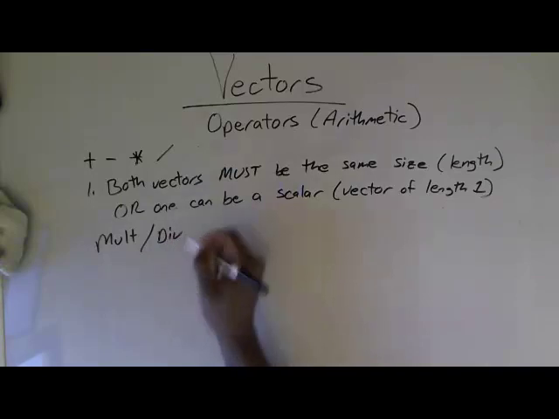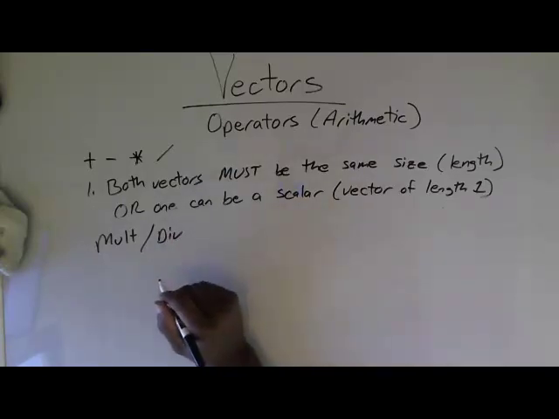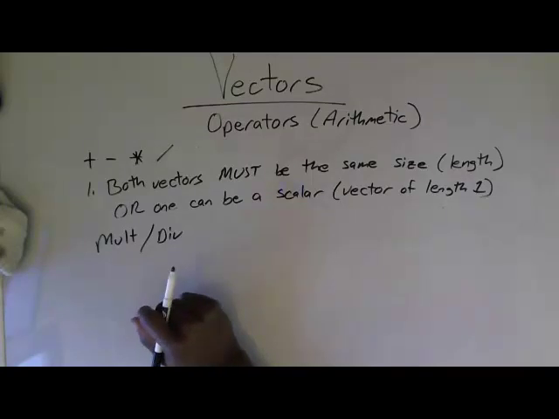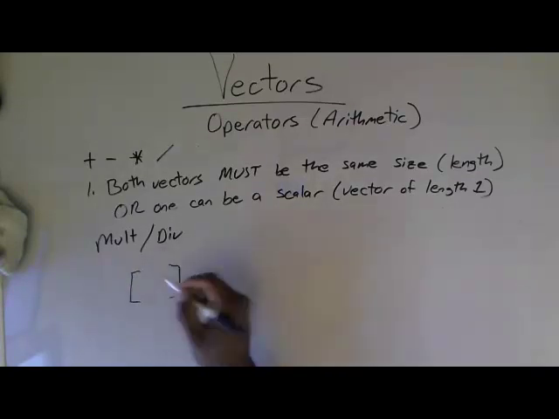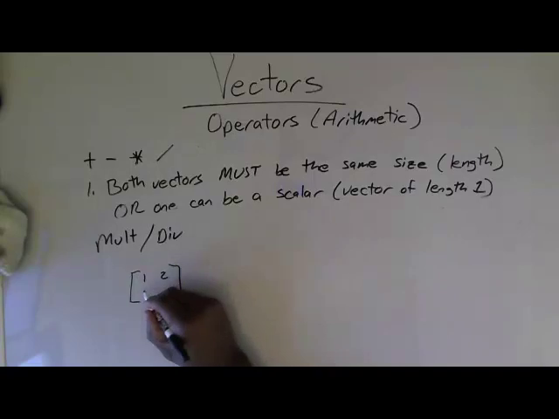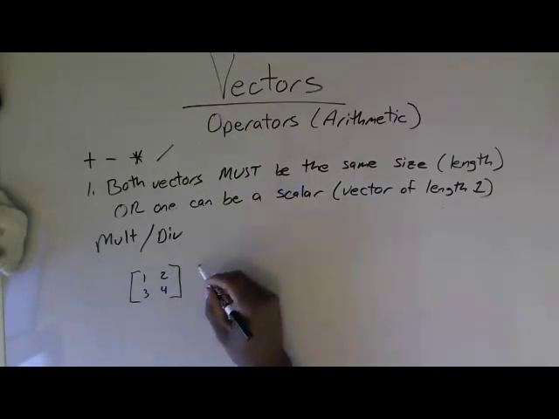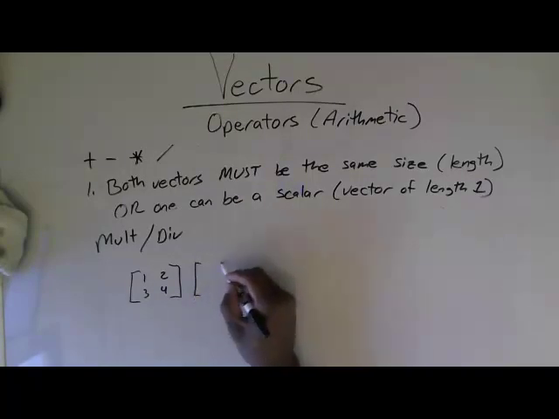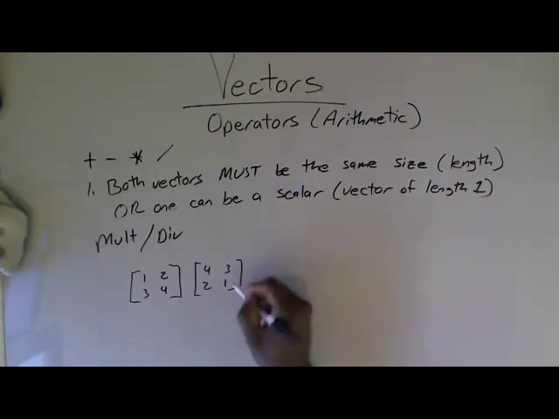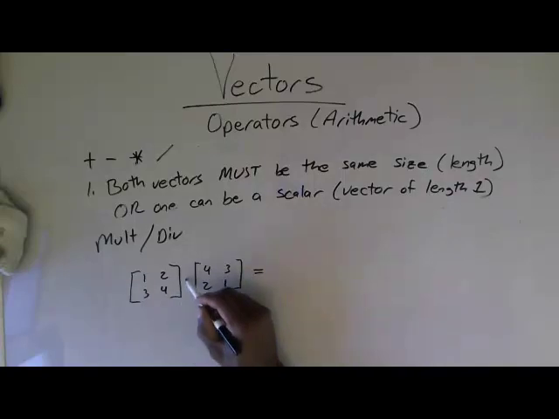Multiplication division. Okay, now there's a caveat here, and the caveat is, if you remember back in your math history, if you take a matrix or an array, depending on what you call it, and you multiply it by another matrix, that is not doing element by element multiplication.